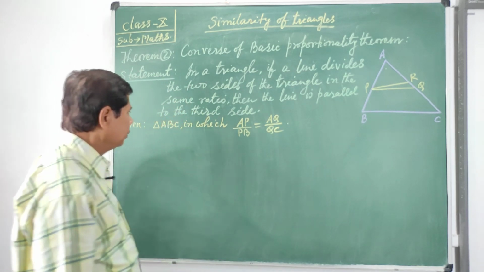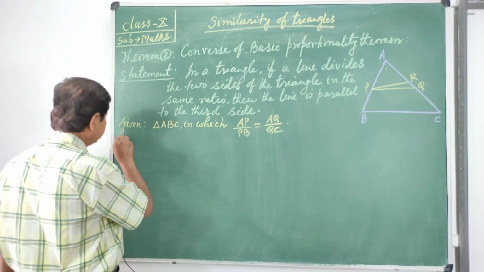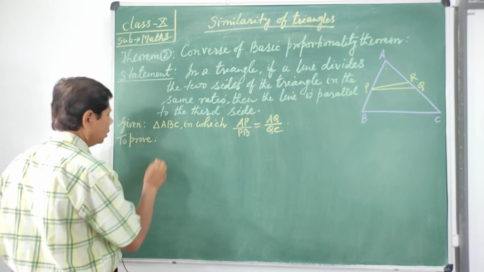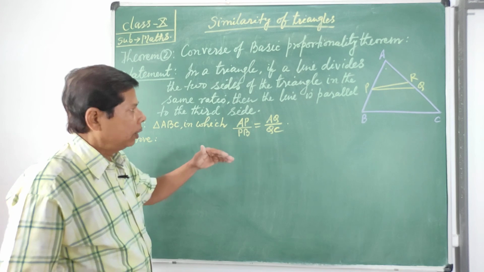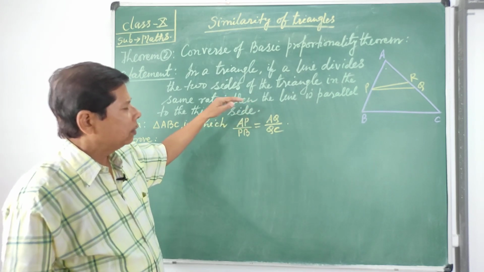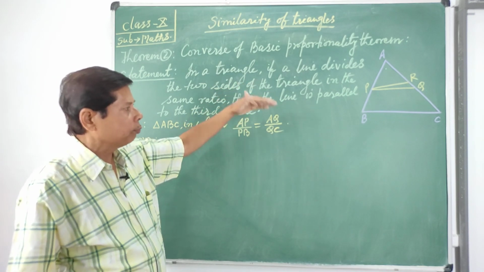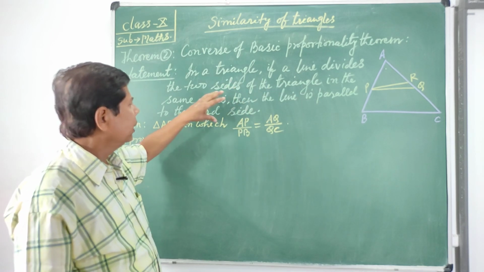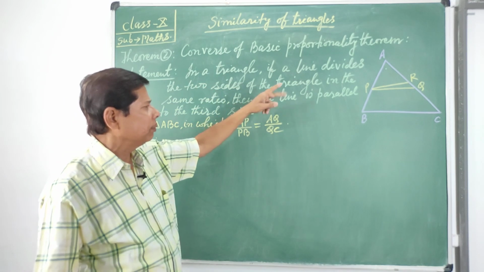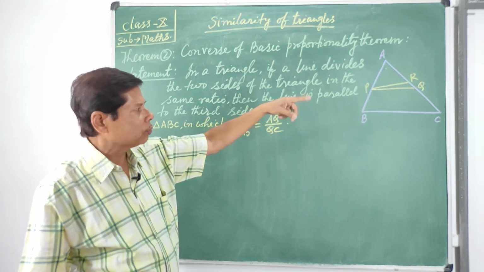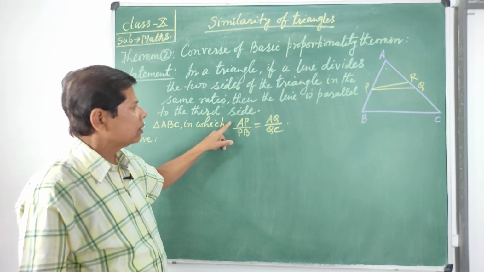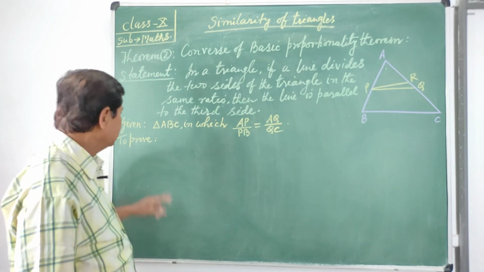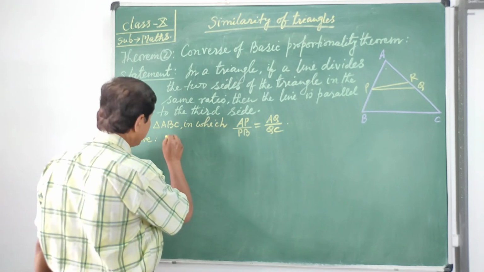This is already given. Now, to prove. Converse means what? In the earlier theorem, the line is given parallel and we have to prove that it divides the other two sides in the same ratio. But here it is already given that this line divides the two sides in the same ratio, and we have to prove that the line will be parallel to BC. So to prove: PQ parallel to BC.